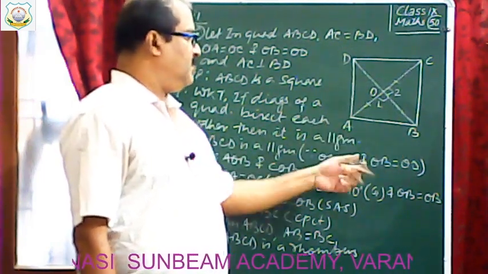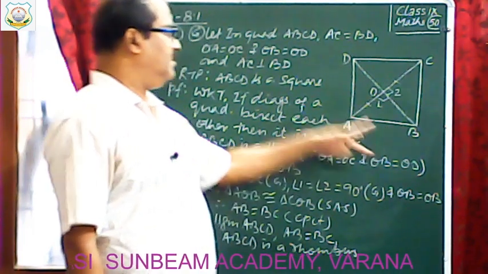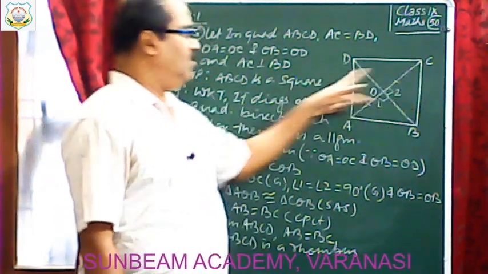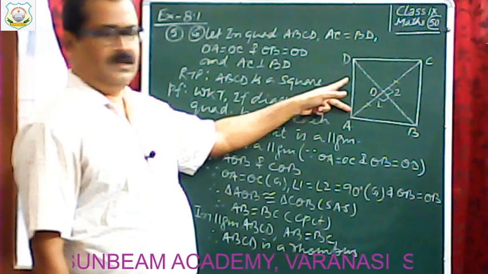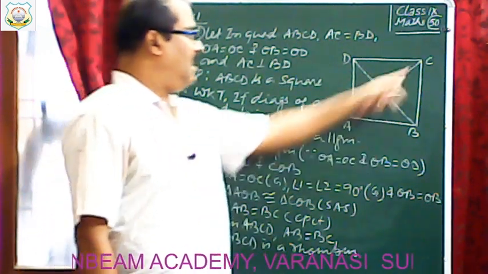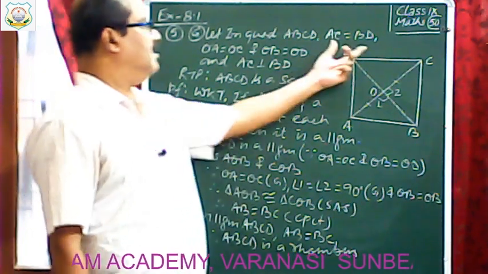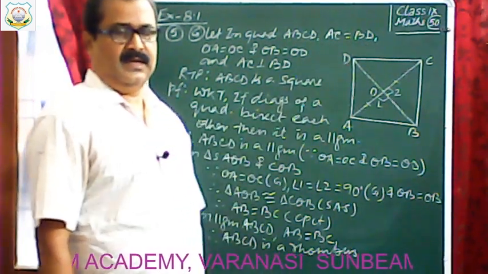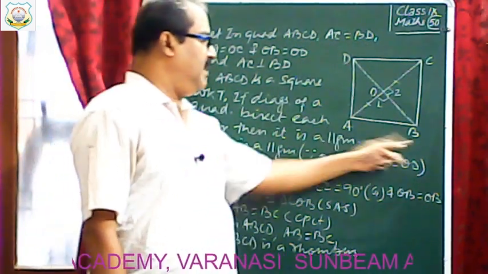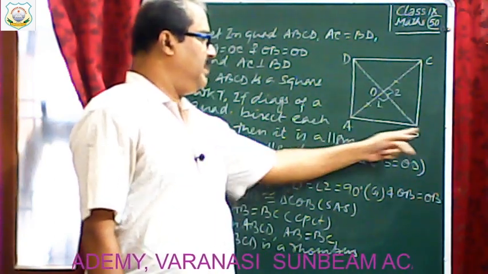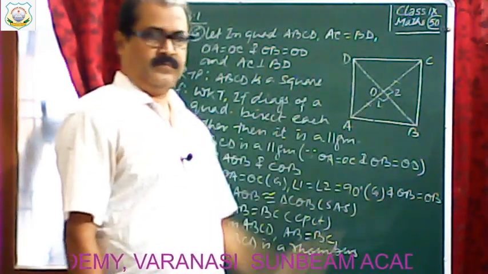In both the triangles we have AB common side, BC equal to AD side of rhombus, and AC equal to BD, that is given. Then by SSS criteria, triangle ABC congruent to triangle BAD.